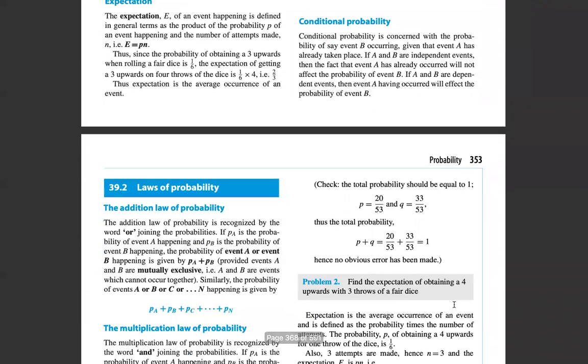Conditional probability is related to dependent events and is the chances of something happening given that something else happened. Right? So think of it in real words, like, what is the chance of reaching early to work given that it's a Friday? Some people reach early to work all the days of the week except Friday.